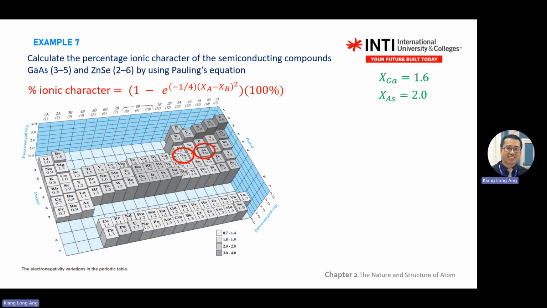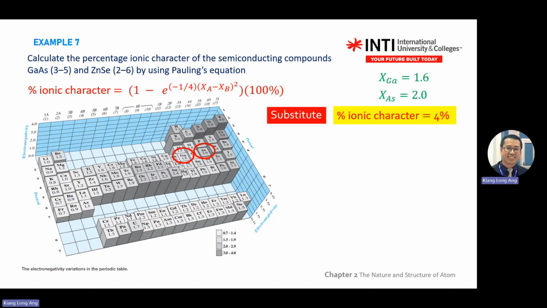Just read from the graph. Substitute inside here: 1.6 minus 2, but it's squared, so you still get a positive value. Divide by 4, you get a negative value, e to the negative something. Then you minus 1 and multiply by 100, you get about 4%. Then for the second question, you do the same.